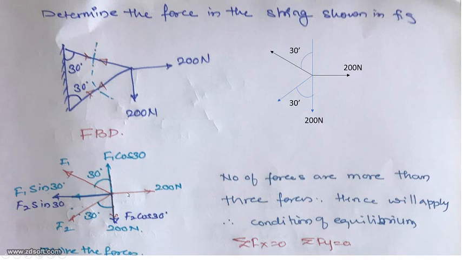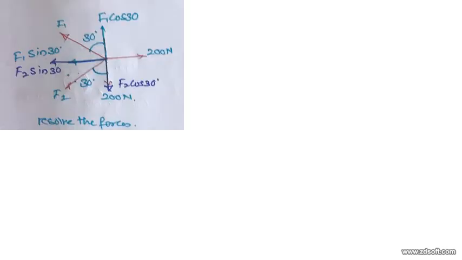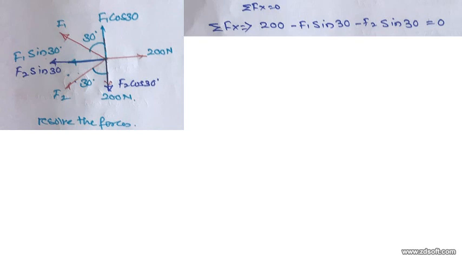Now we start with the first equation, or condition, which says summation of Fx equal to 0. The forces in the horizontal direction are the 200 Newton force, F1 sine 30, and F2 sine 30. These are three forces acting in the horizontal direction.